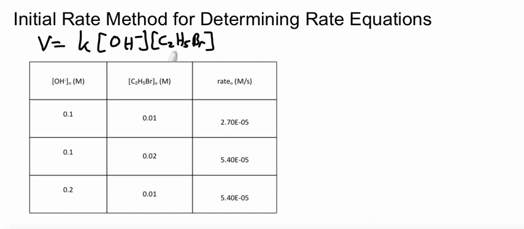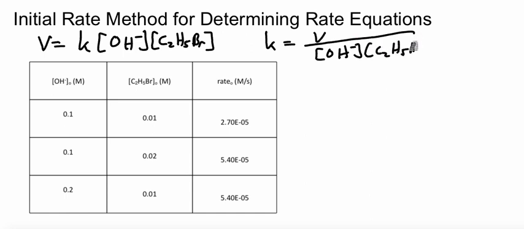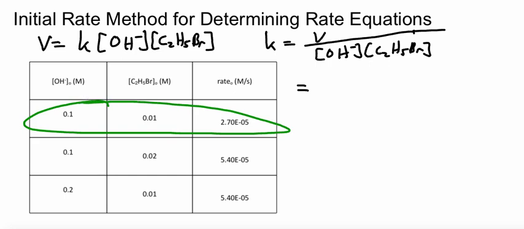Okay, so it's first order in ethyl bromide, first order in hydroxide. What's the value for the rate constant? So we just divide the rate by the rest of the rate law, which in this case is just the hydroxide concentration to the first and the ethyl bromide concentration to the first. So we plug in those numbers, and we have to pick any one of these. Since the rate equation is true for any one of the trials, we could just pick any of them and it will work out.